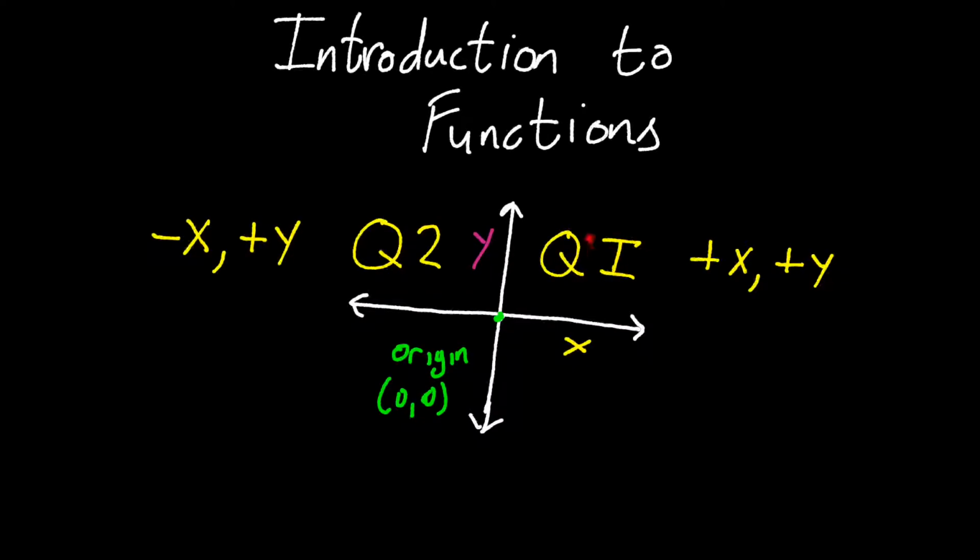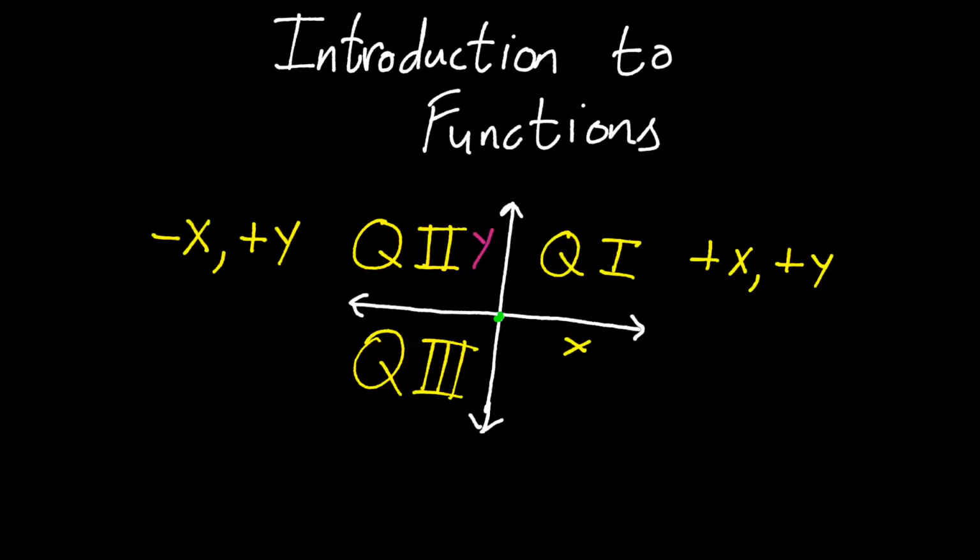As we continue going counterclockwise from quadrant 1 to quadrant 2, now we'll head downward into quadrant 3. Let me erase where I've worked the origin. And here we have quadrant 3. And I made a little mistake here with quadrant 2. I wrote the number 2. It's supposed to be a Roman numeral, so quadrant 2 that way.